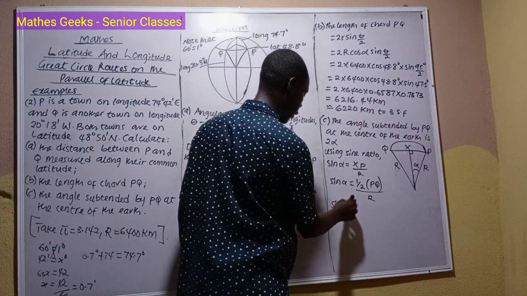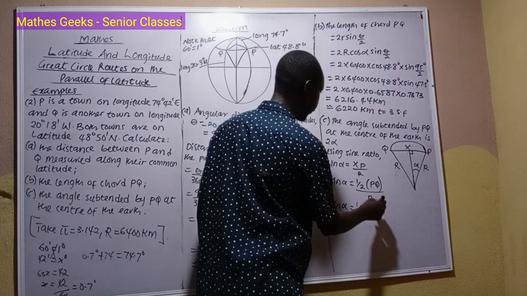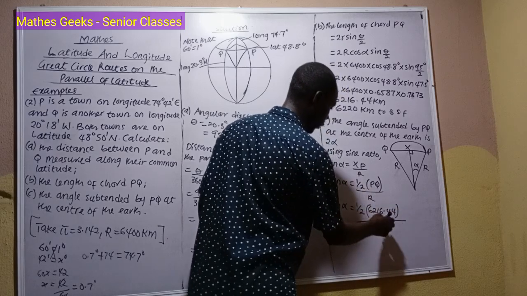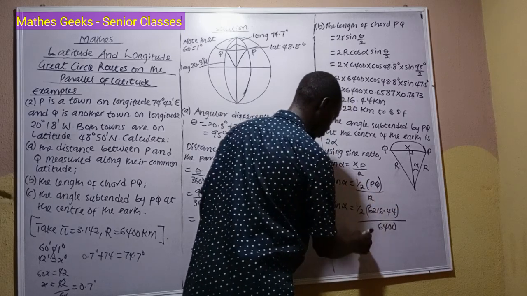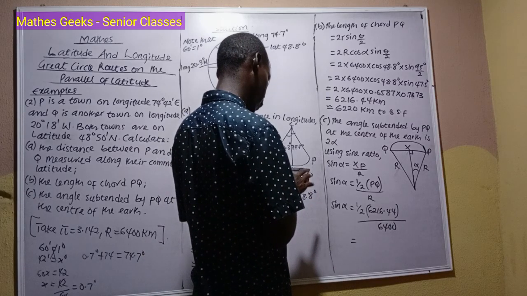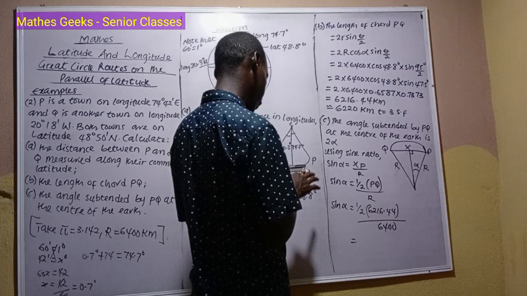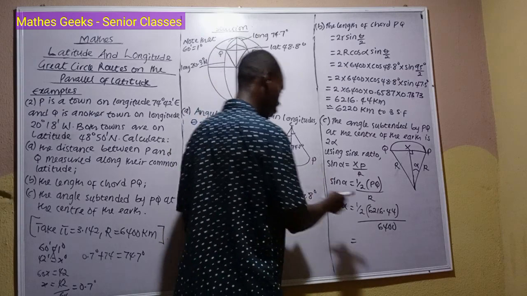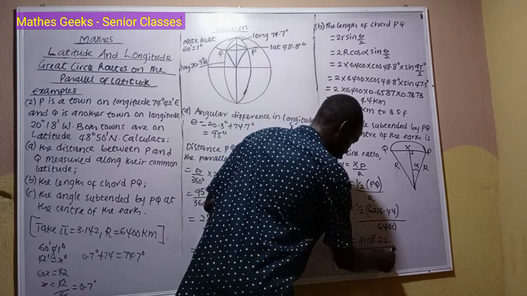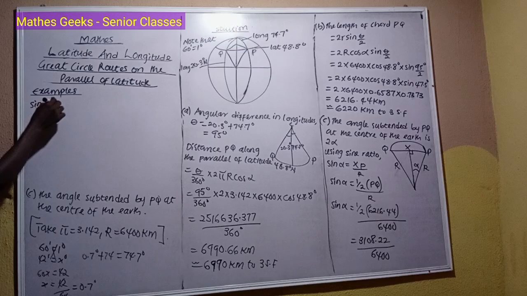So sine alpha is equal to half of 6216.44 divided by 6,400. That will give us 6216.44 divided by 2, 3108.22, and 3108.22 divided by 6400.